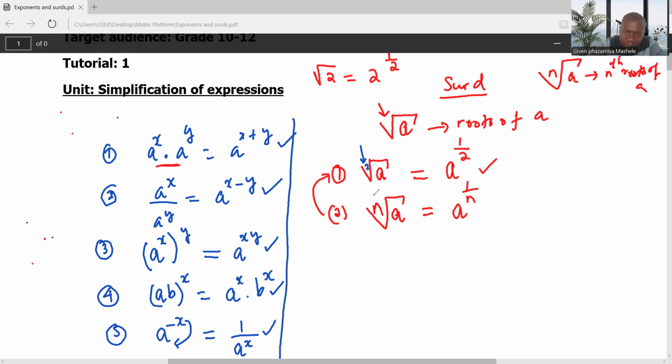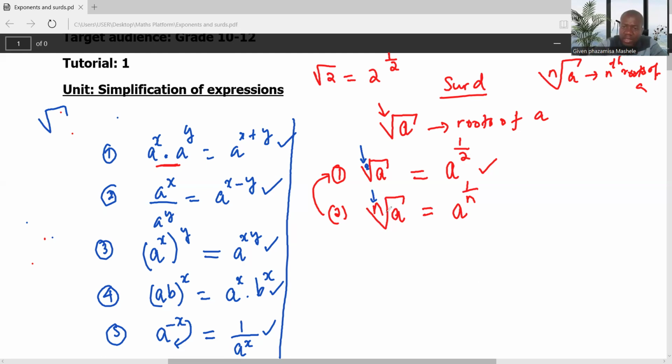Because if we substitute n by 2, then the root of a is a to the power 1 over 2. So wherever there is a root sign, you must know there's a 2 there.